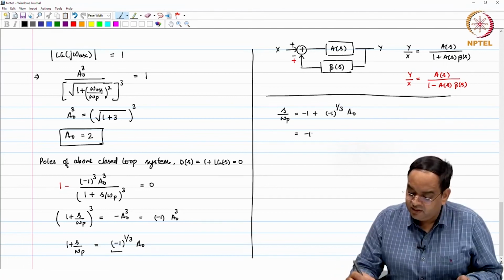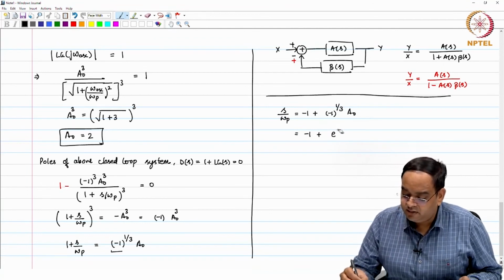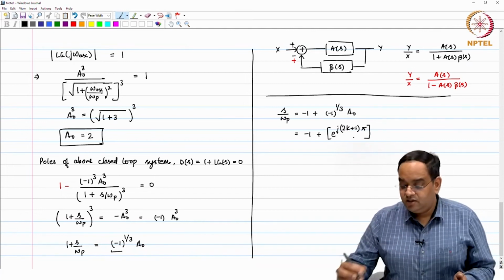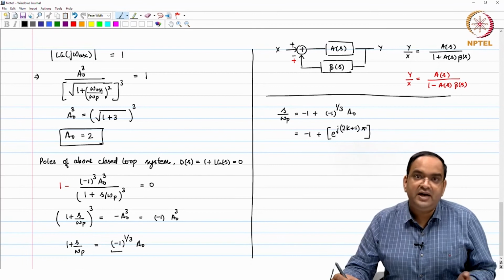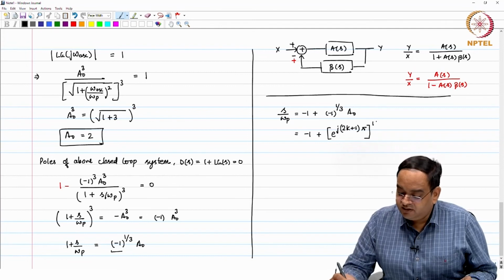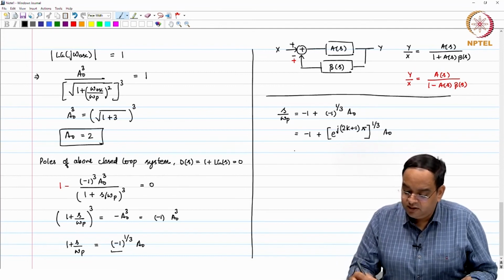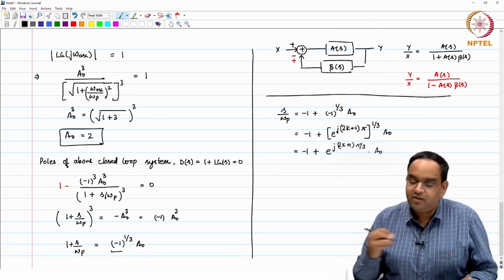So, this minus 1 for which I have to take the cube root is e power j 2k plus 1 pi. Okay, this is the complex number representing minus 1, because e power j 2k plus 1 pi is equal to cosine of 2k plus 1 pi plus j sine of 2k plus 1 pi. Cosine is going to give you minus 1. This divided by 3 times A naught becomes equal to e power j 2k plus 1 pi by 3 times A naught.